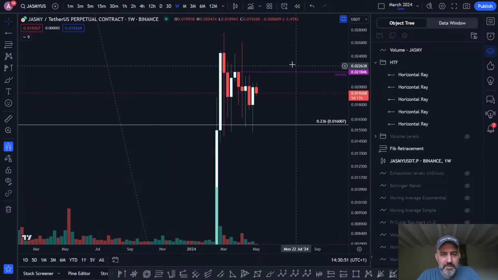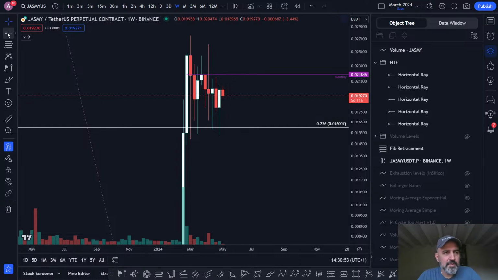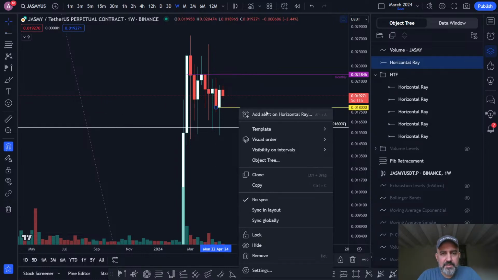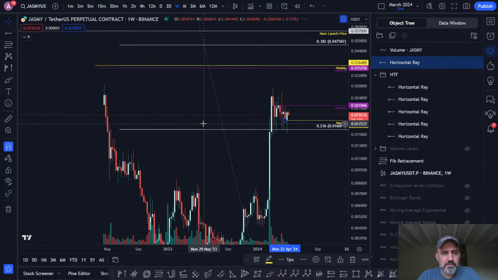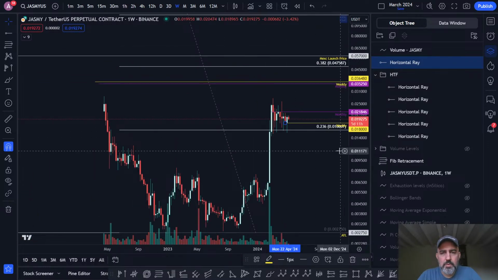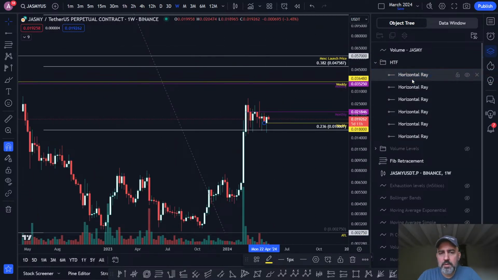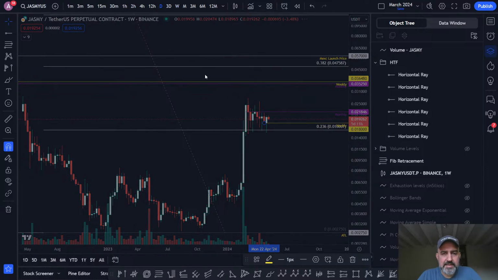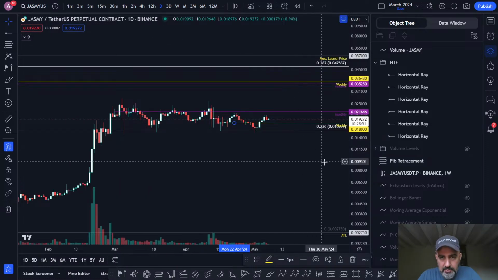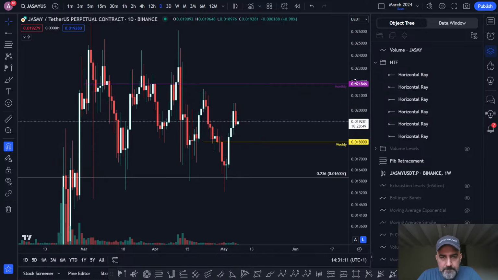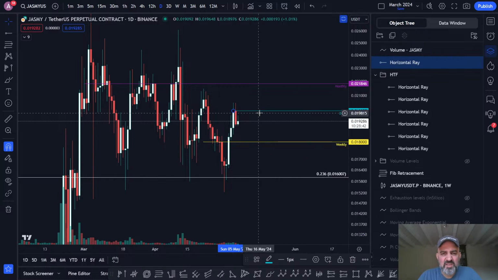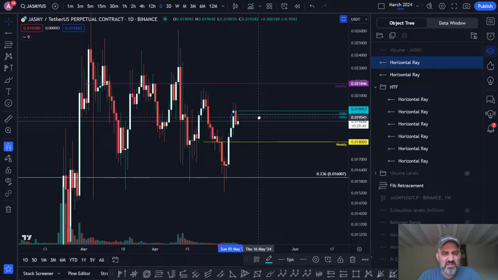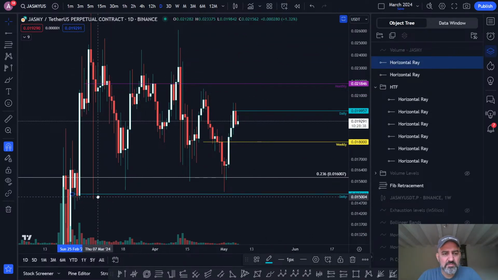So there's a weekly level underneath us there. I'll add that. Daily, let me just have a look at the daily again on the local time frame. That's it really. They're all gone.